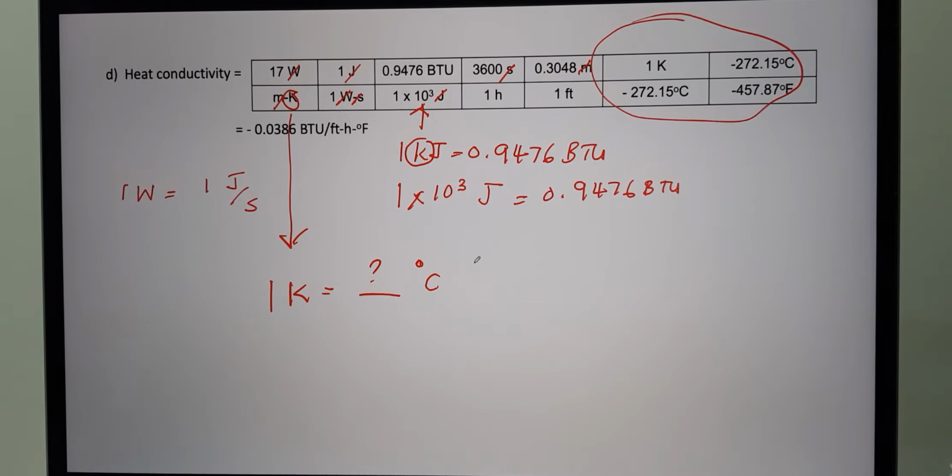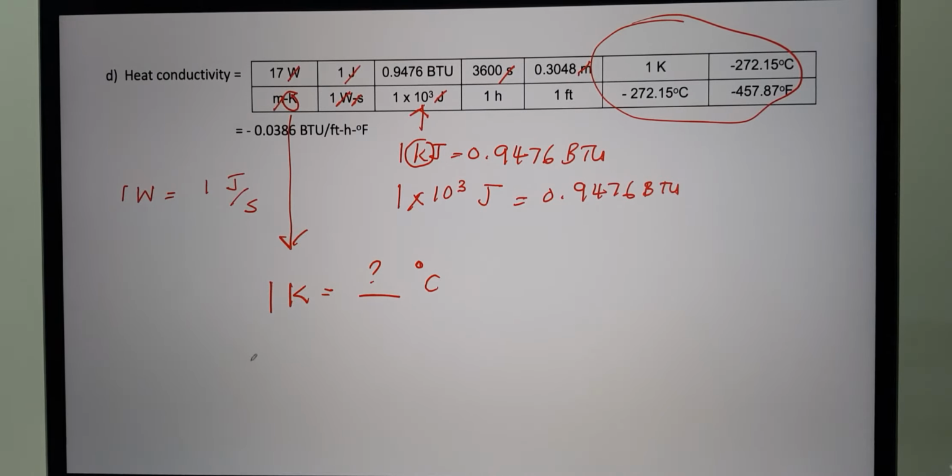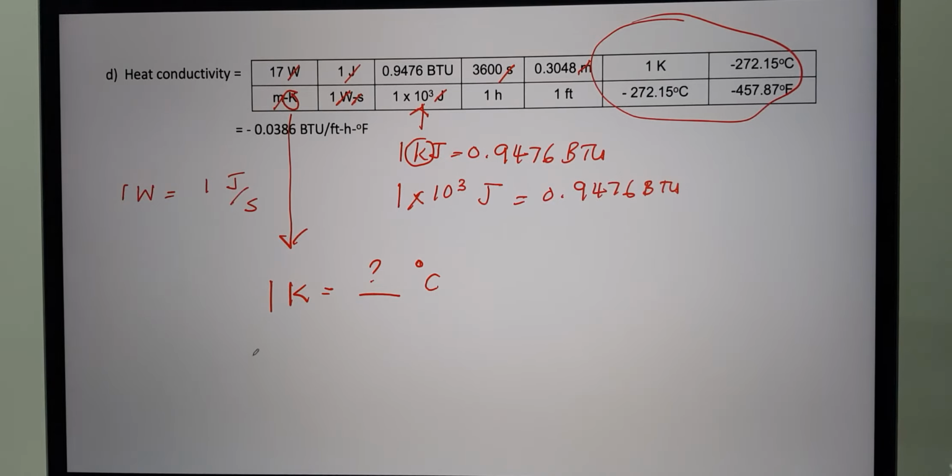For temperature conversion, the equation to convert from degree Celsius to Kelvin is very clear cut. The equation is simply T Kelvin equals T degree Celsius plus 273.15.